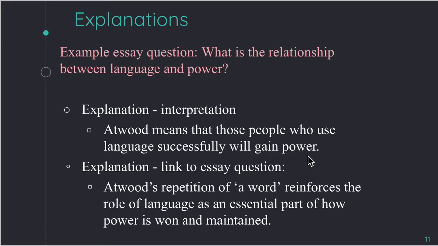So there's my interpretation of that quote. And you can see it's still relevant to the essay question. But I could now do a better job of linking it to the essay question and explaining why this is evidence for my point. Atwood's repetition of a word reinforces the role of language as an essential part of how power is won and maintained. So there's my link to the essay question.